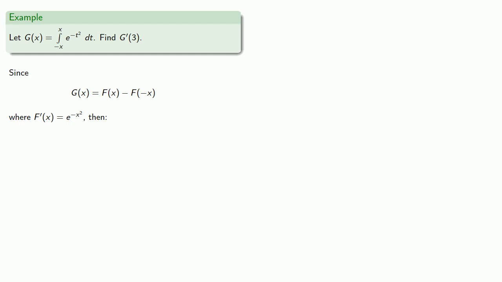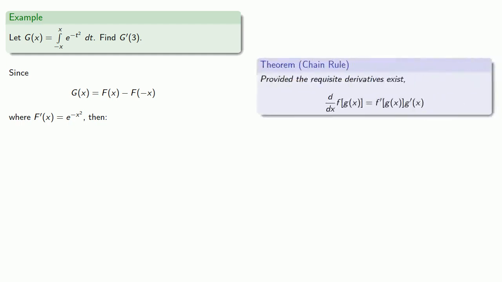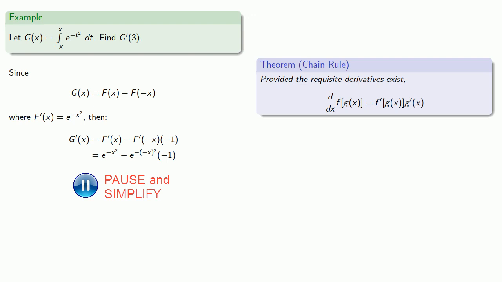Now here, we have to apply the chain rule because this is f of negative x. So g prime of x will be, and we know what f prime of x is. F prime of negative x, we'll just substitute negative x in for x, and we'll do a little simplification.